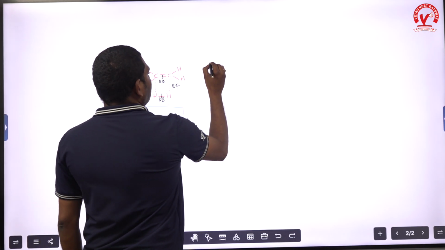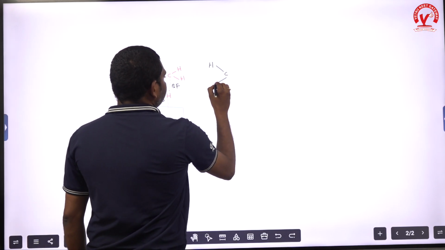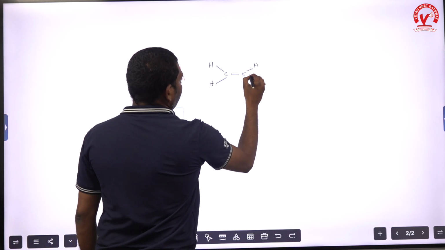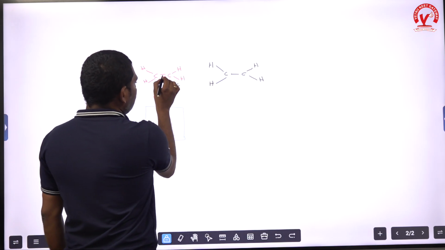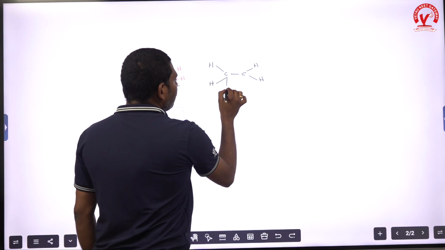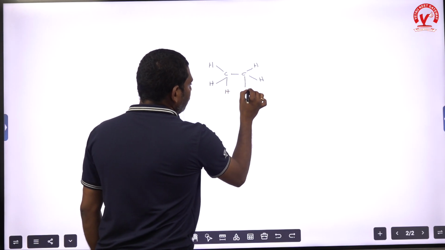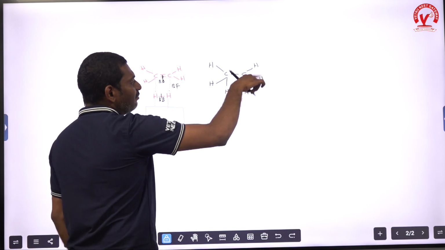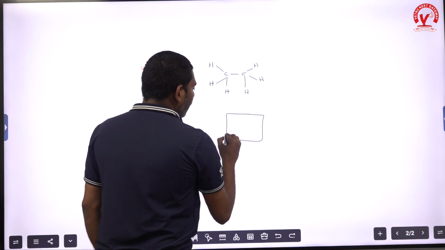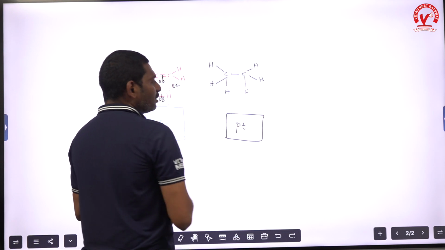So finally we get the single bonded carbons, each with hydrogen. Like that it forms the alkane, and then as usual the catalyst comes out.